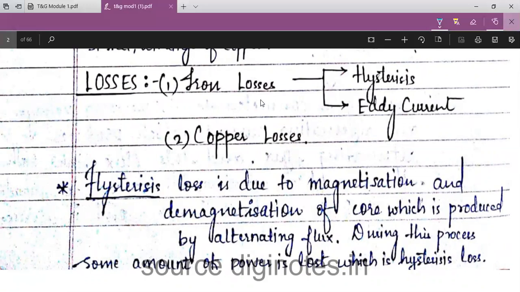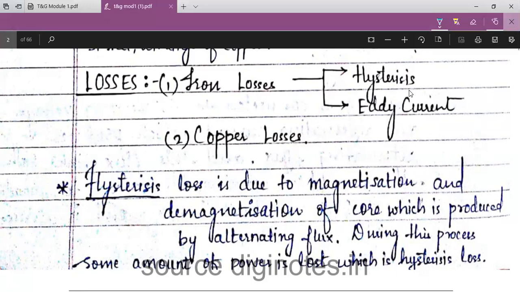Due to that continuous supply of current, the core heats up. That heating effect we call losses. The core is made of iron, so the losses which appear in the core we call iron losses. Similarly, the windings are made of copper, so the heat produced in the winding we call copper losses.